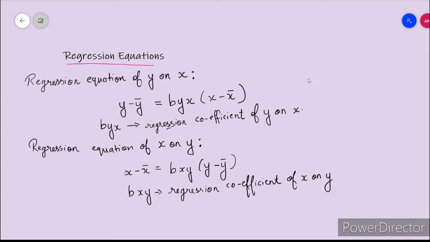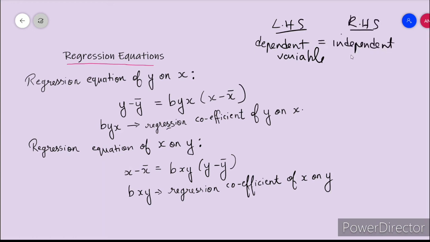So what we need for an equation is to have the dependent variable on the left hand side and the independent variable on the right hand side. Suppose y is the dependent variable and x is the independent variable.